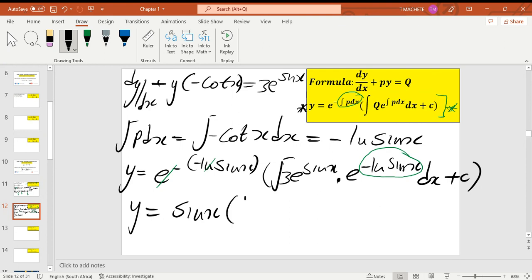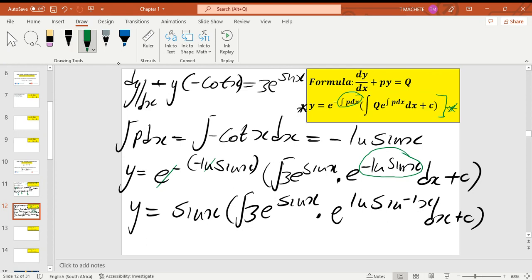So let's say open bracket, you've got 3e sine x multiplied by, I told you that you must take that minus to the other side. So you're gonna have e to the power ln sine to the power 1 x dx plus c.